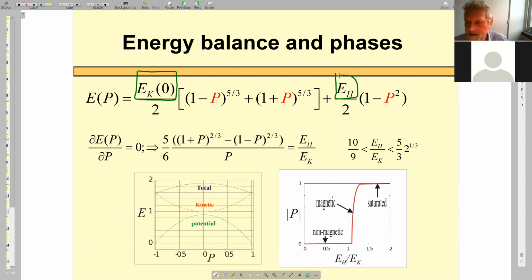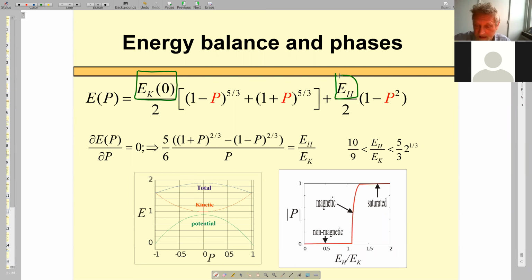And the actual answer depends on the ratio of the two. So if the ratio is small, no interaction, of course, the state is non-magnetic because polarization costs kinetic energy.